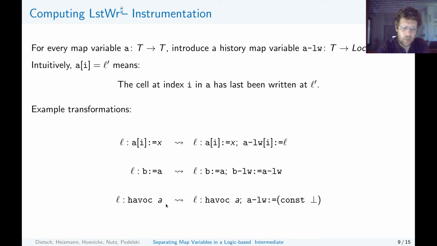And also interesting, when we havoc, then we have to set the last writes to a constant array, which is false, meaning the bottom, representing the fact that at each position there was no write so far and A is uninitialized.